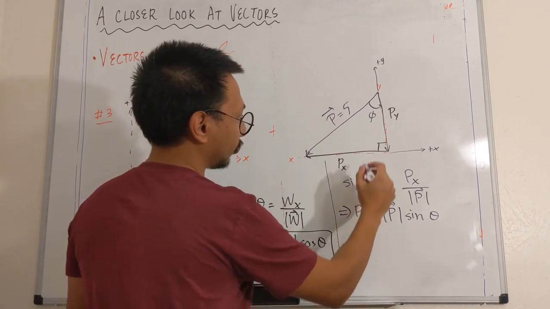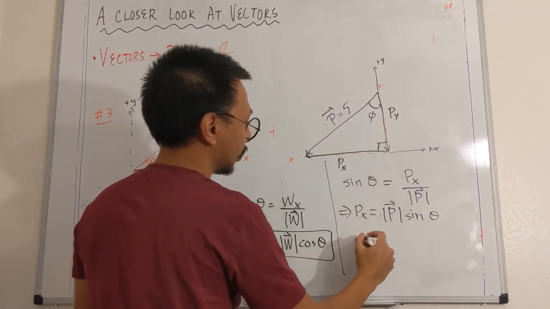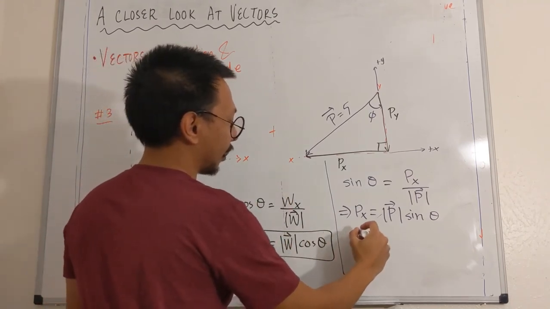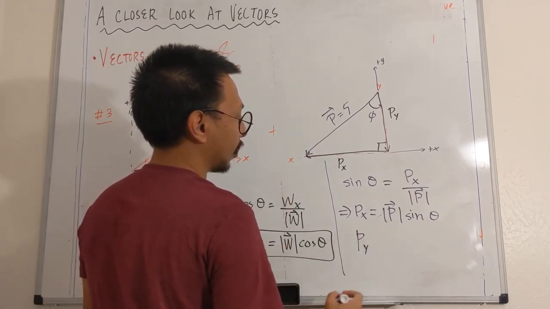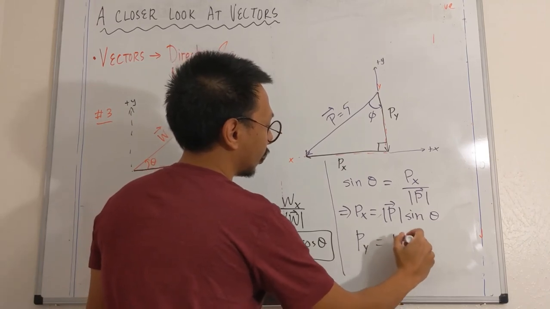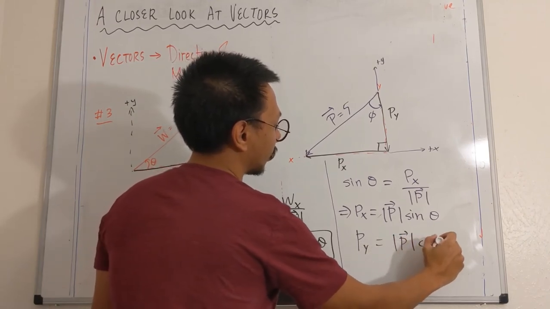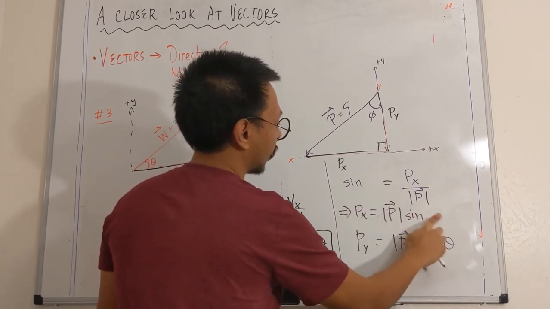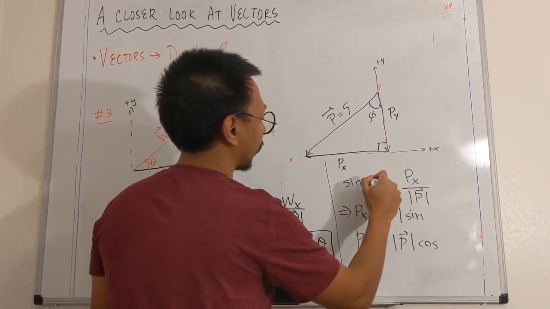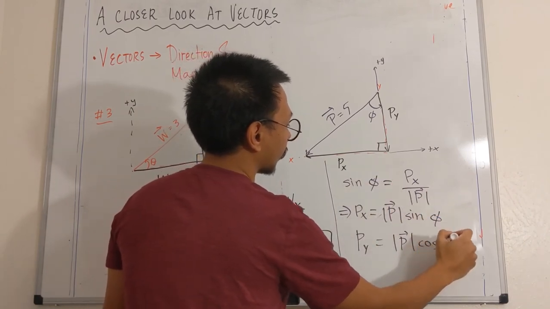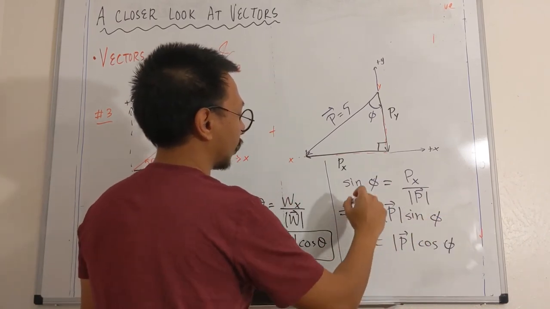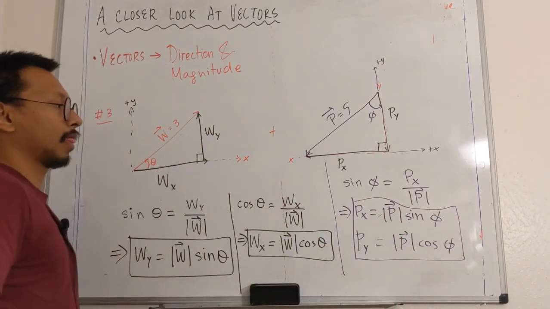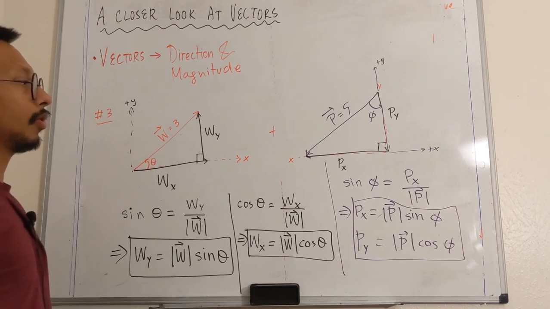Similarly, for py, this is the adjacent, so you can use the same approach and find py is equal to magnitude of p times cosine. Actually, forgive me, these are not thetas, in fact these are phi's. Okay, all right, so we have found components.